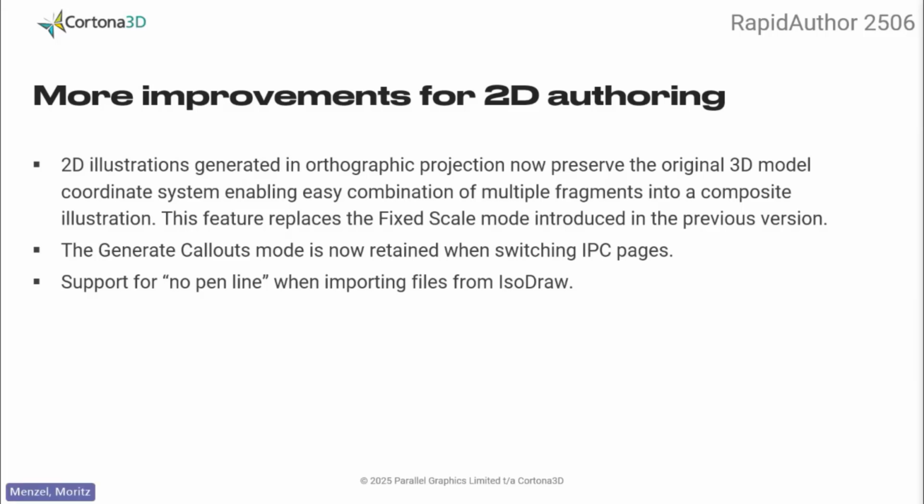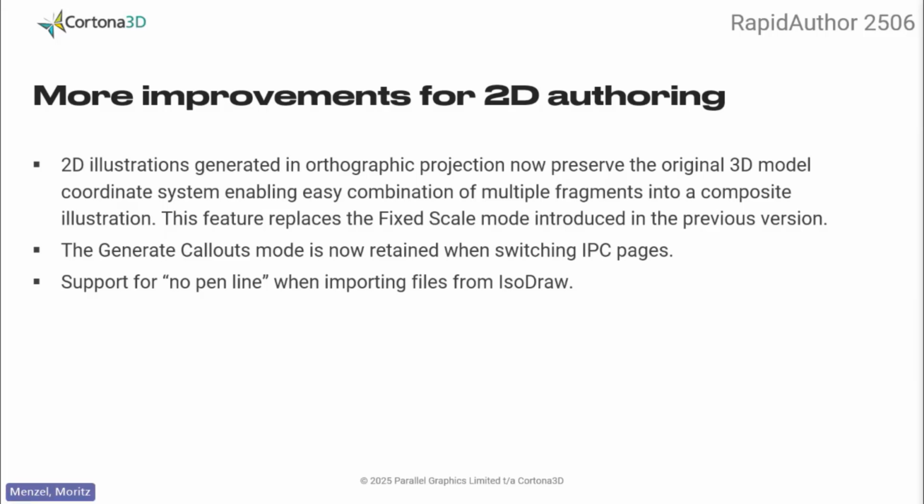Of course, we have more 2D authoring improvements for you. Here are a couple of further examples. If you generate a 2D illustration in orthographic projection, the original 3D model coordinates are now preserved. This makes it easier to combine multiple fragments into one composite illustration.